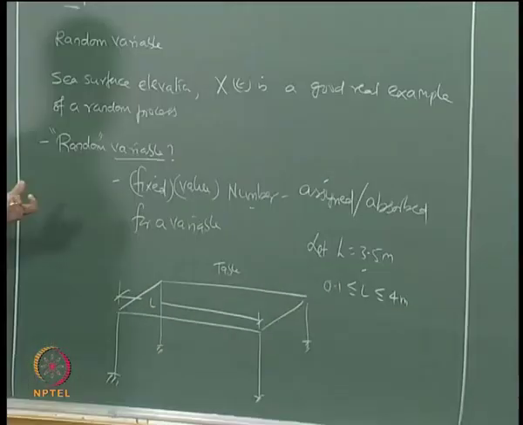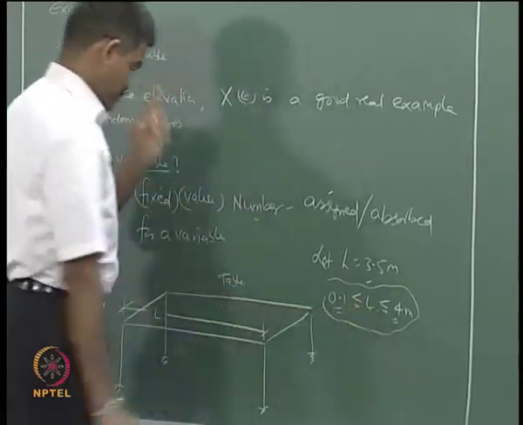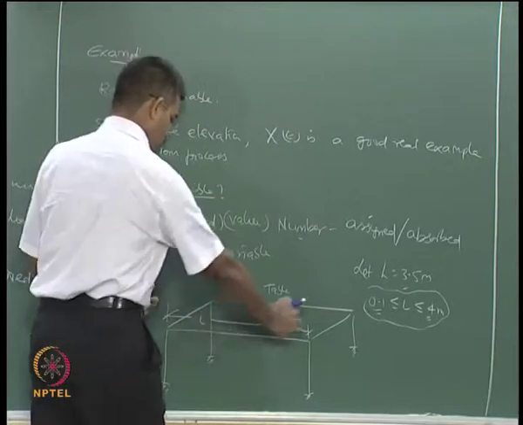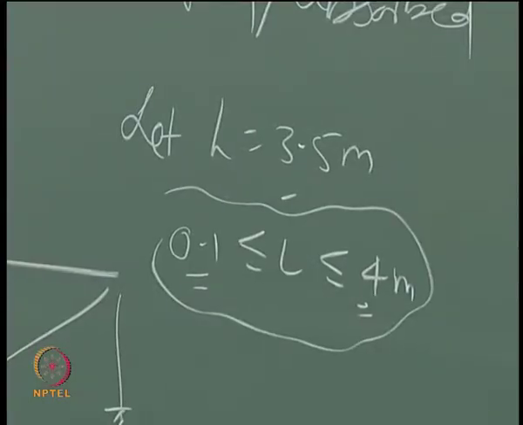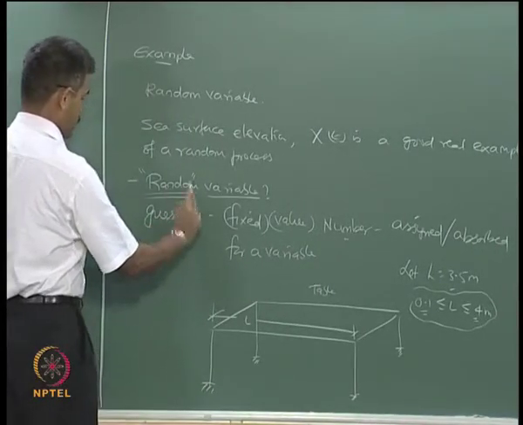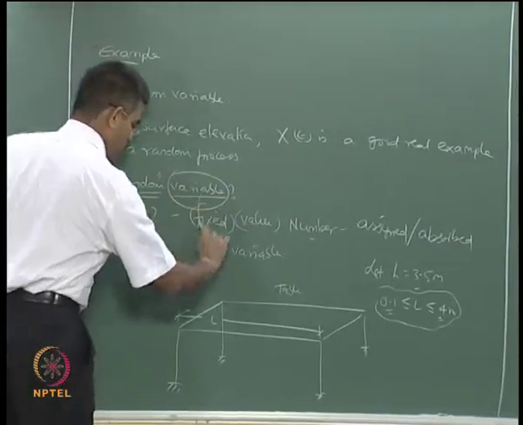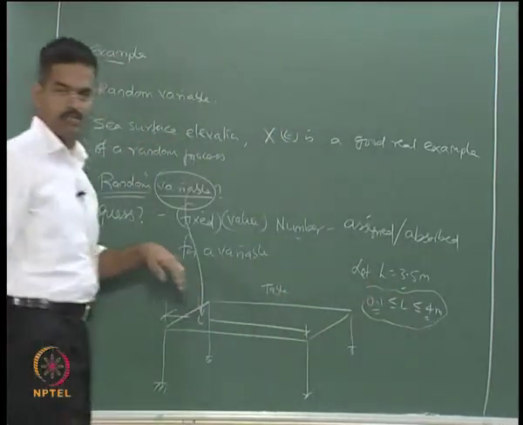The randomness is the value that gets skipped within these numbers between the lower and upper limits, which are reasonable for the dimension you are looking at. So randomness is that guess you make for the variable, because the value of L keeps taking any number of values in this range as per your choice.